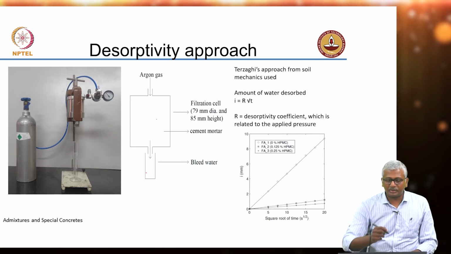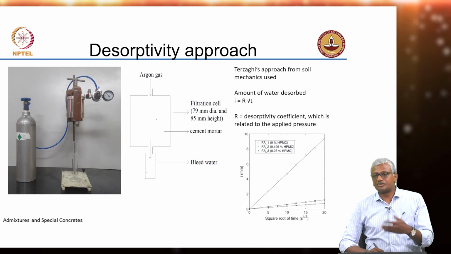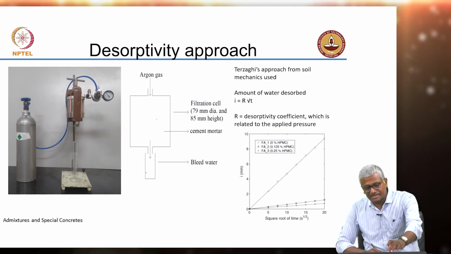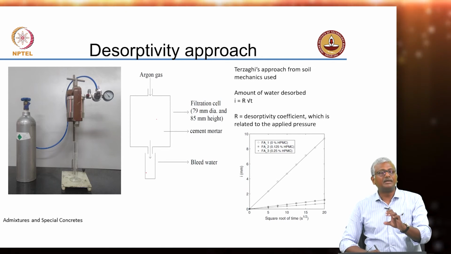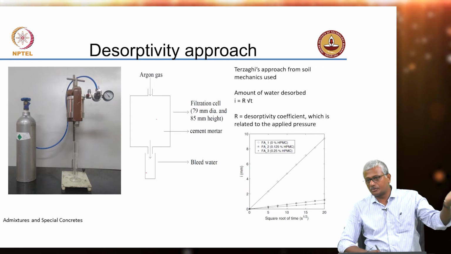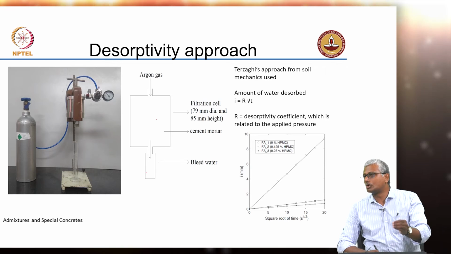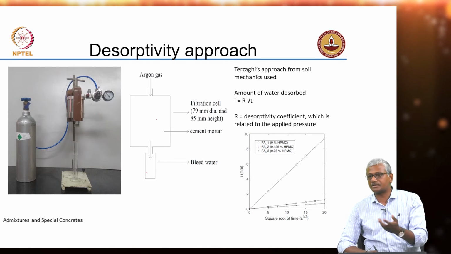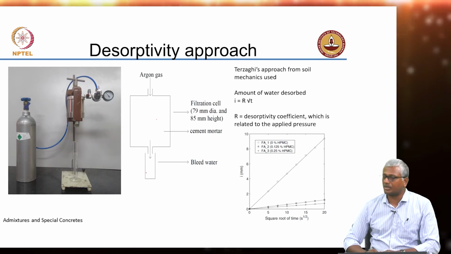So, you have bleed water you can collect at the bottom. In the case of mortar, after the test, the same sample inside this cell is taken and you study the flow properties. It should not be much different as compared to the original flow. That is how you define a good quality mortar for plastering or binding mortar applications.